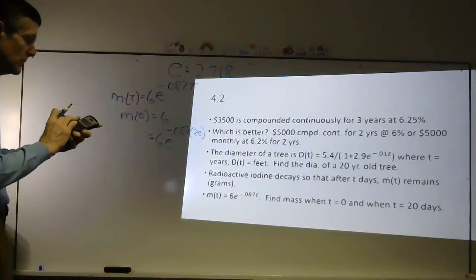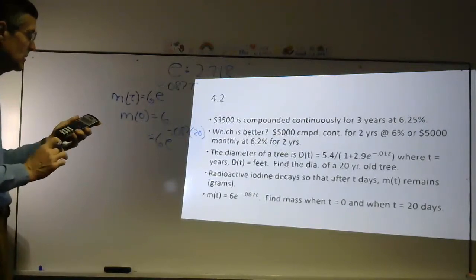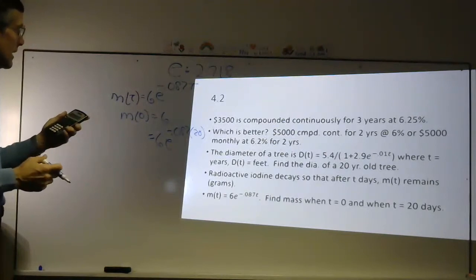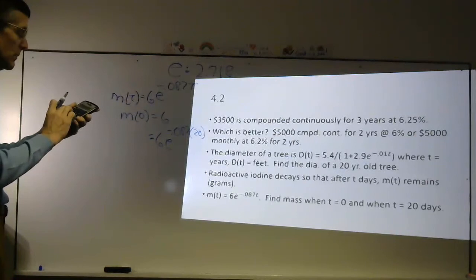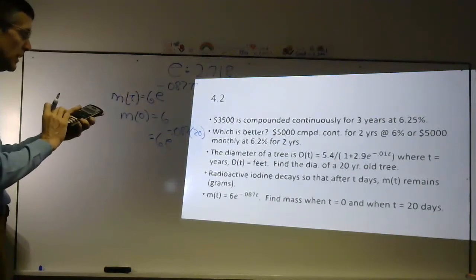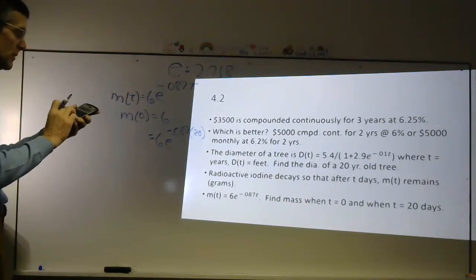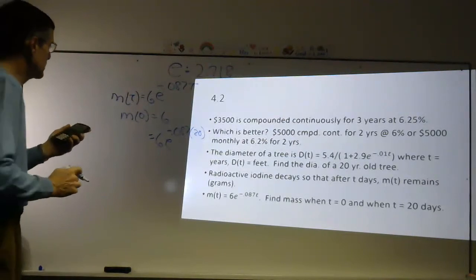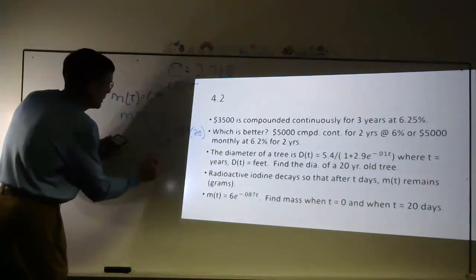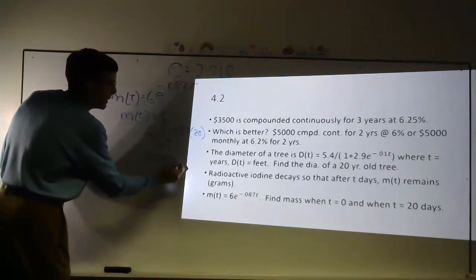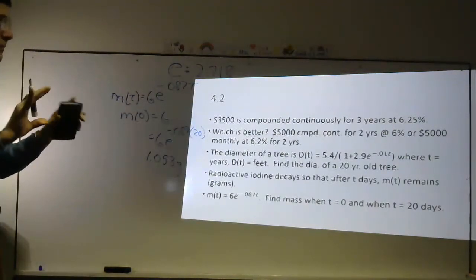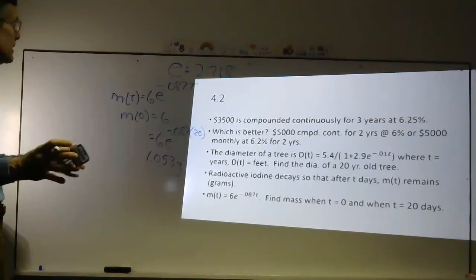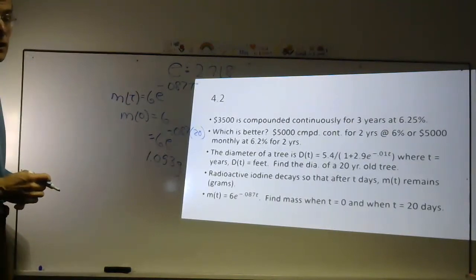Get your e raised to the power by second function ln. Okay, and I put in negative 0.087 times 20. Close your parentheses, and I get 1.053 grams remaining. You see, it's dissipated. Okay, and in only 20 days, it's down that far.